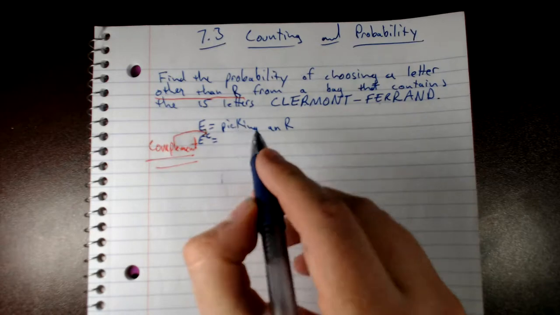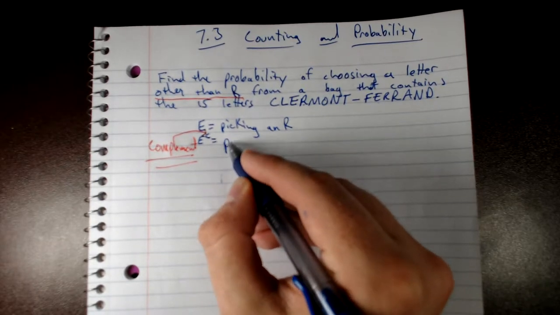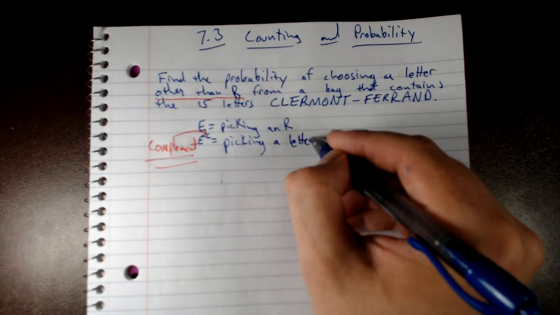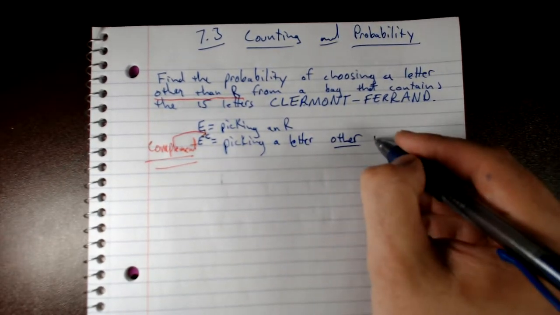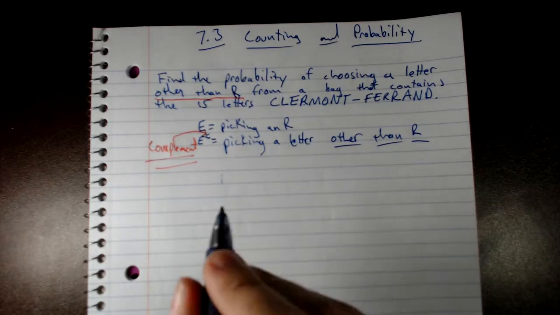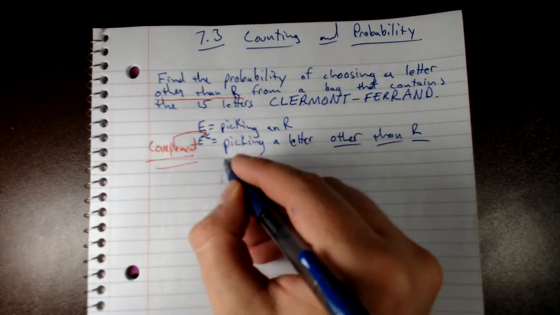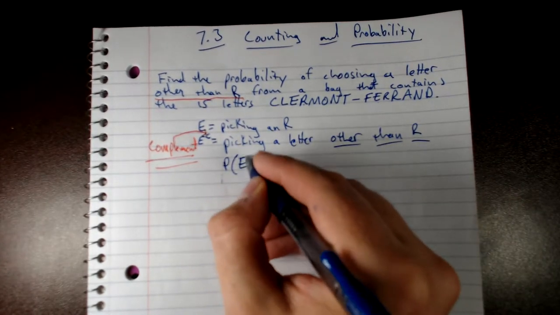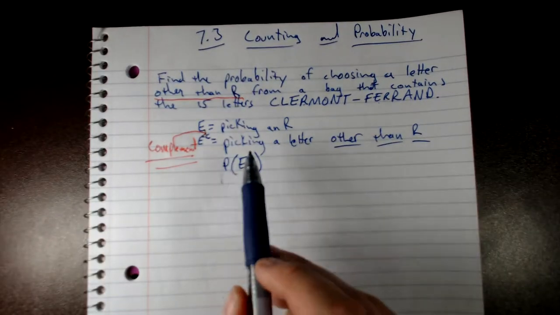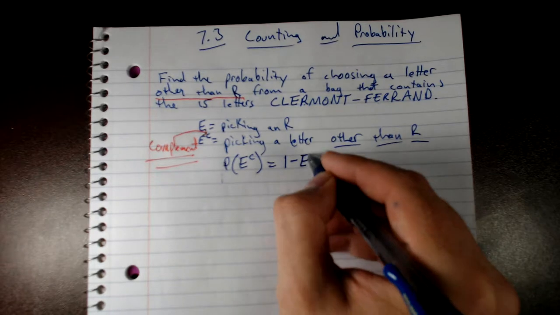So if the event is picking an R, the complement, which is what we're interested in here, is choosing a letter other than R. One thing we know about complements: the probability of the complement happening, in this case the probability of picking a letter other than R, is always 1 minus the probability of the event.